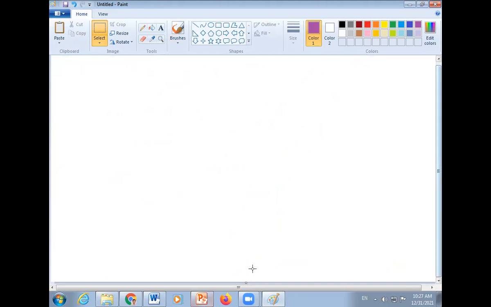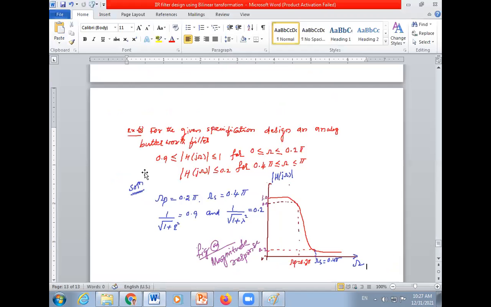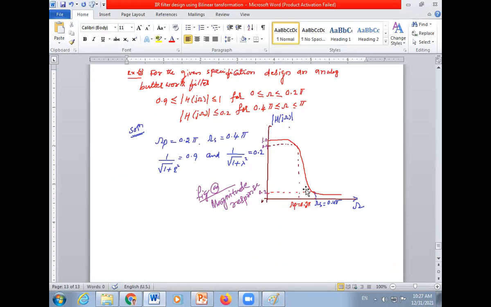Now, from the given specification, we have to get the values of epsilon and lambda.